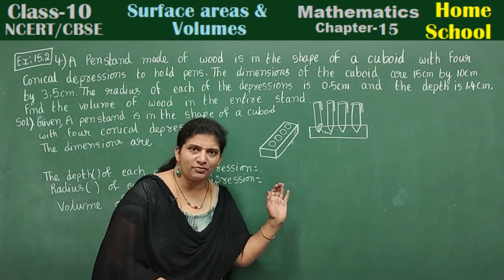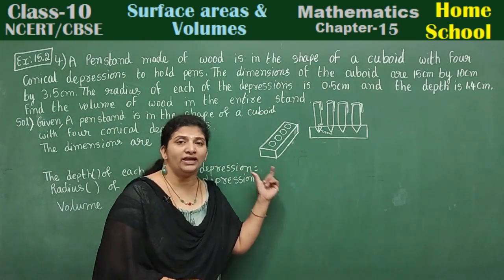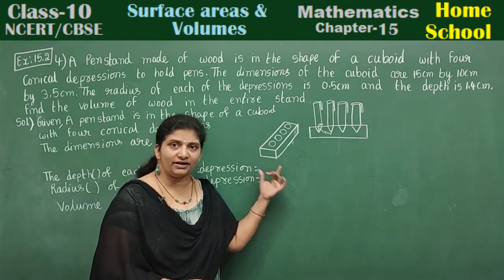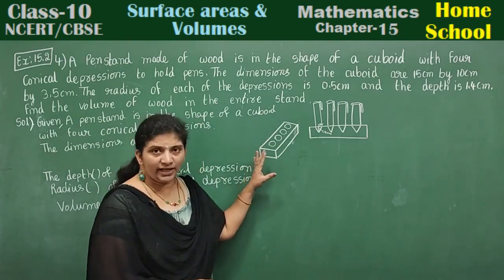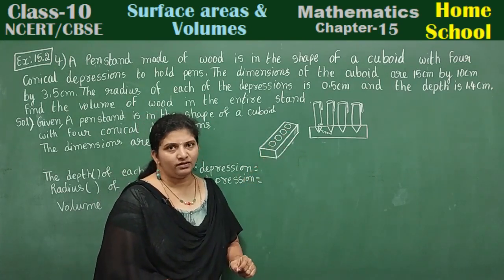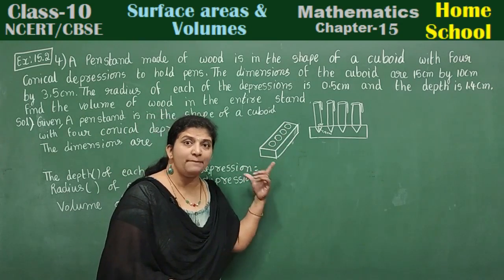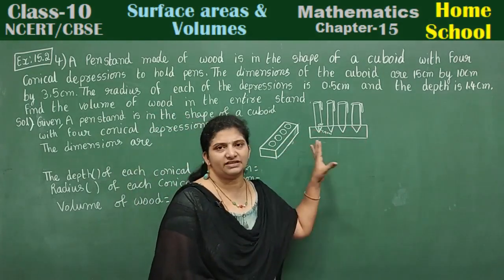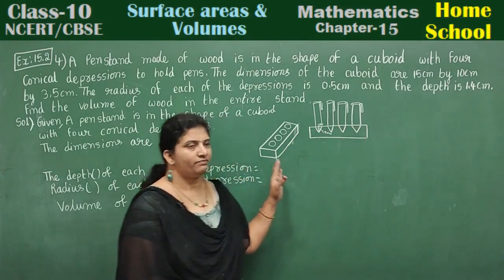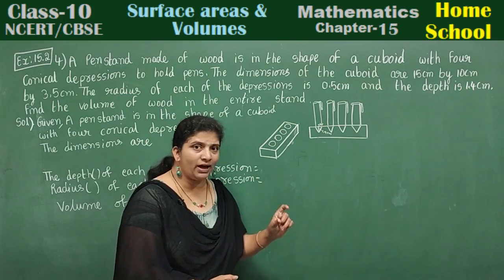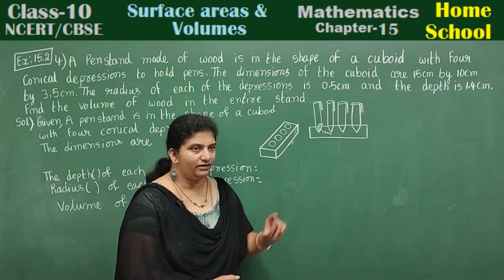Let us understand the problem again. There is a wooden cuboid. It is a 3-dimensional figure having length, breadth and height. In this wooden block, 4 conical depressions are made to make this a pen stand. In these 4 depressions, 4 pens are placed in this pen stand. We are not talking about pens. We are going to talk only about the pen stand.